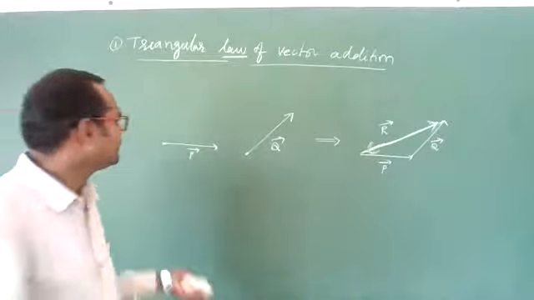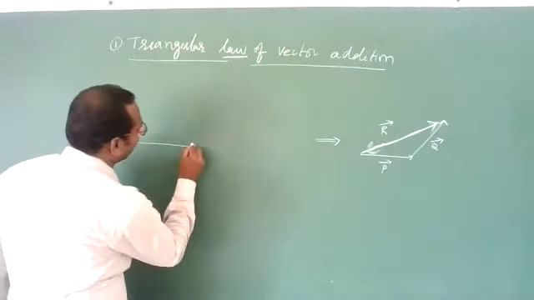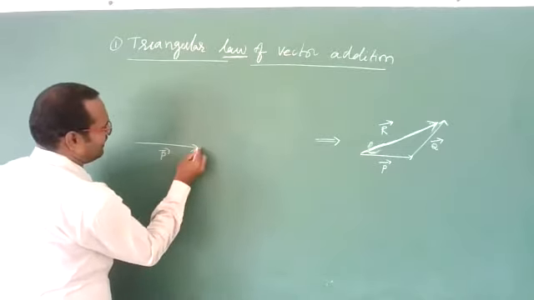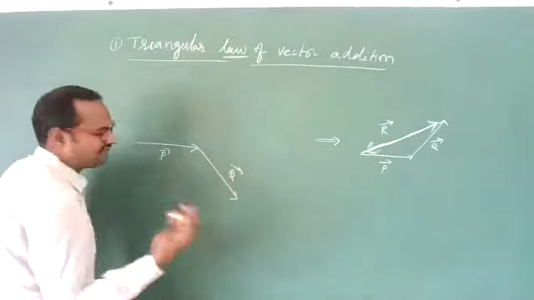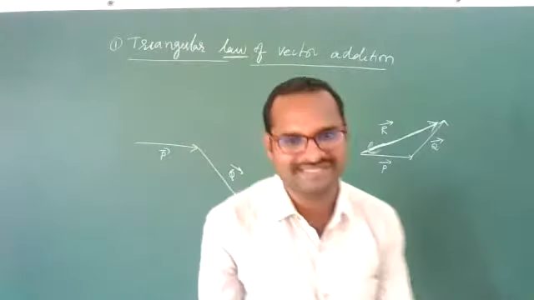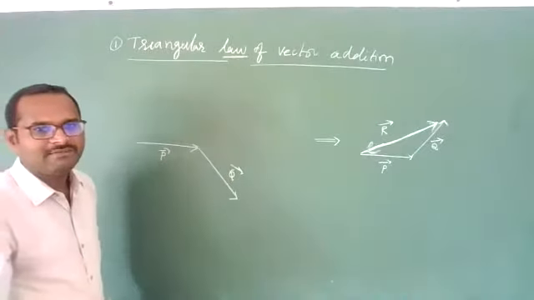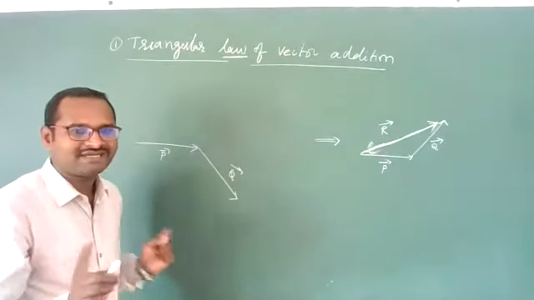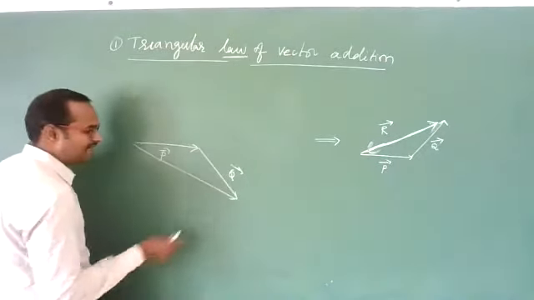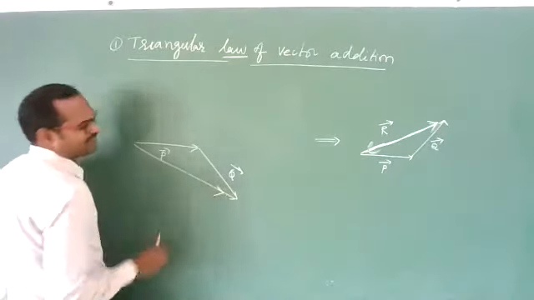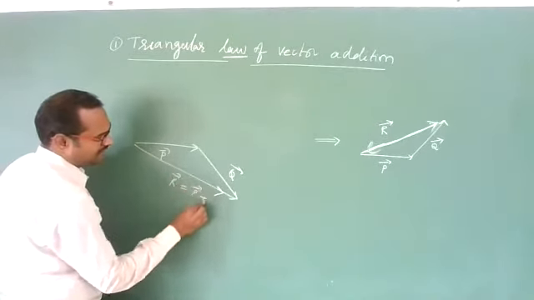Got it? Clear? Graphically, if there are two vectors, P bar and Q bar, what will be the resultant? Graphically, how to represent it? If you take one line and with its help construct one triangle, keep that line here, and its direction should be this direction, so that it gives you the resultant, that is P bar plus Q bar.